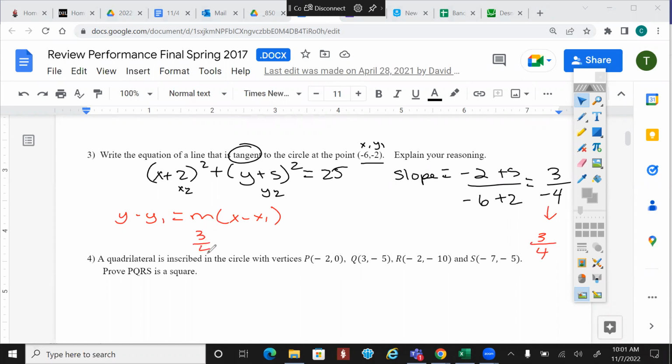We're going to plug that in for our slope, and we're going to use this point and plug in. So all we did was we found the slope between the point that they give us and the center, change the sign of the slope so that it only touches the circle at one point, and then use point slope form to plug in.